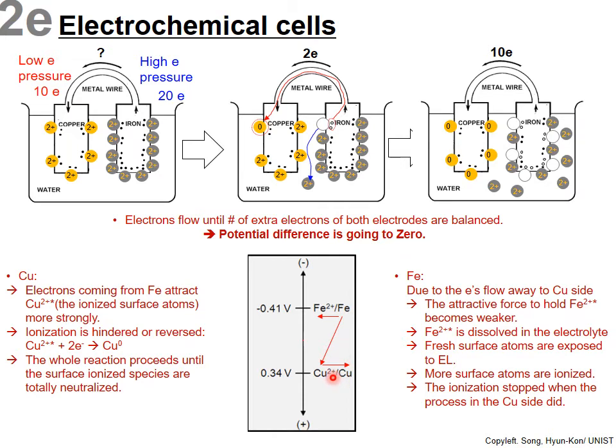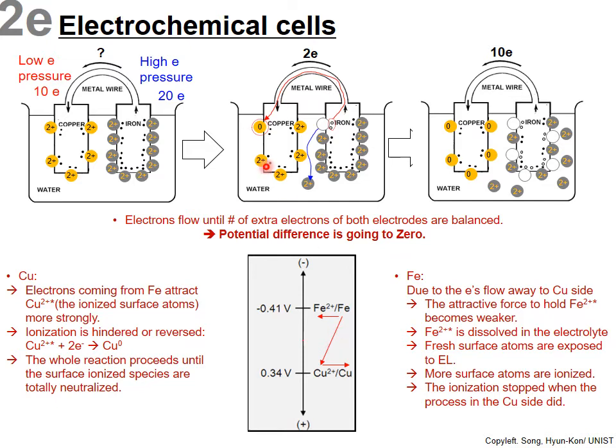So electron is donated from Fe to Cu2+. At the same time, Fe is converted to Fe2+, and also Cu2+ is going to copper. So we have already known this kind of flow. So what we know is the direction.